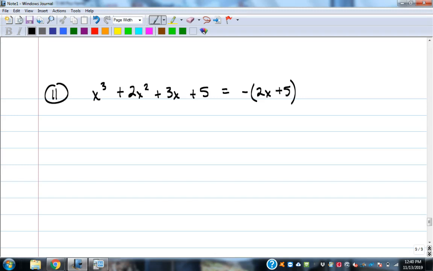All right. Yeah, that'd be a good idea. So trying to simplify and get it equal to 0. So on the right-hand side, there's a little bit of work to be done. So if we distribute, that's going to give us negative 2x minus 5. And the other side's the same.